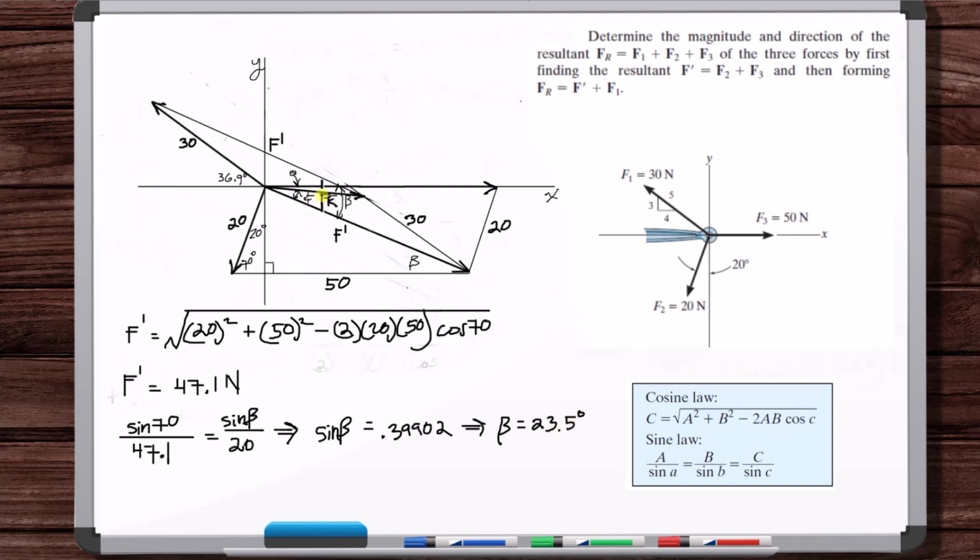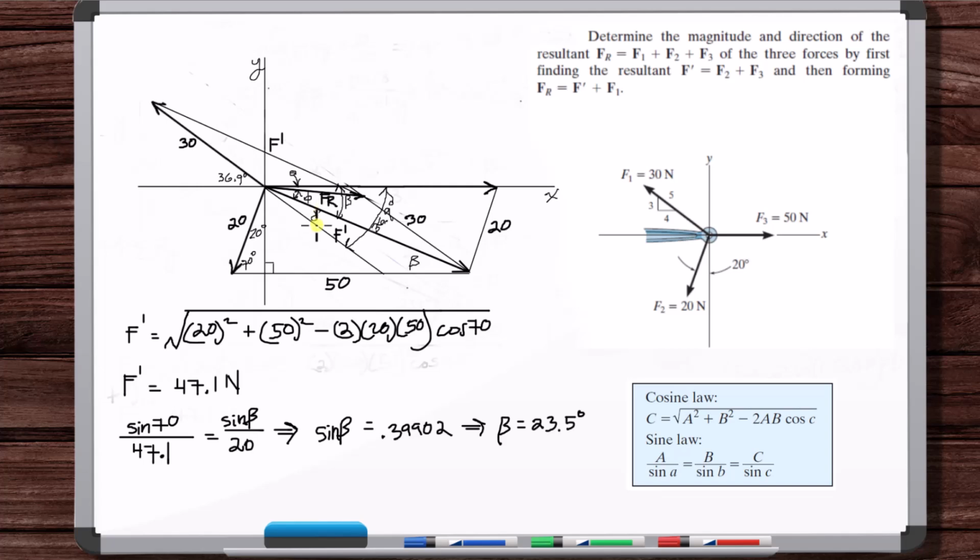Okay. Well, we've got a lot of unknown angles here. We know this 36.9, so we want to use that. That's part of the answer here because we're adding that to F prime. So let's extend this line. And then we can say that this angle is 36.9 degrees. And we've got another angle here.